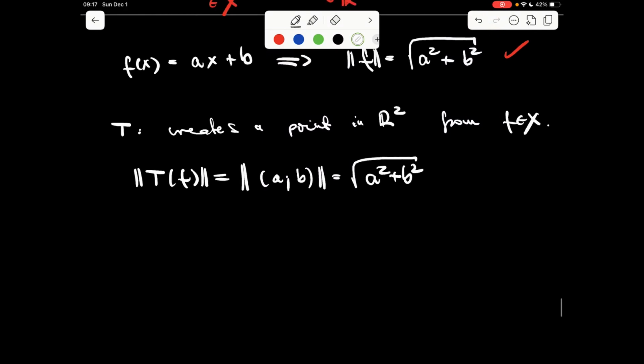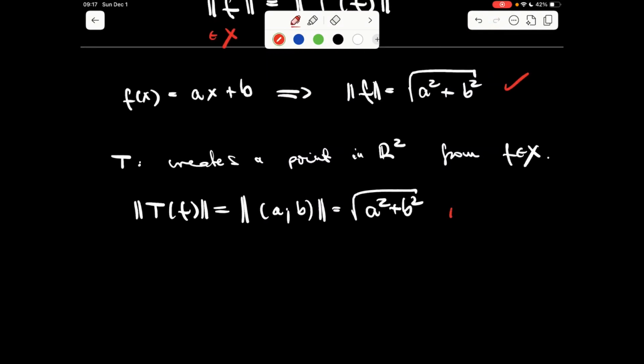So we use the same norm in both spaces, and the norm of a function in X has the same norm as the related point in R squared.